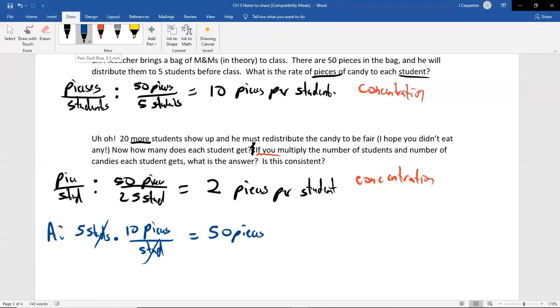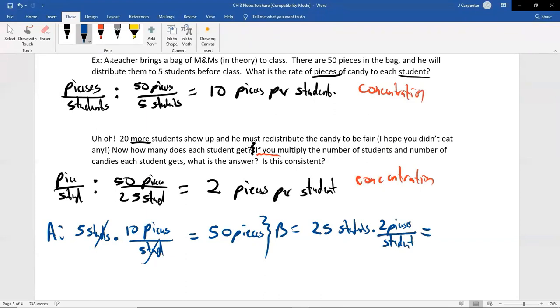Okay, well, how about scenario B? In scenario B, we now had 25 students, and the rate of candies per student was 2 pieces per student. I don't just say 2 pieces because then your students wouldn't cancel and you'd think it's 50 student pieces, 50 pieces students.